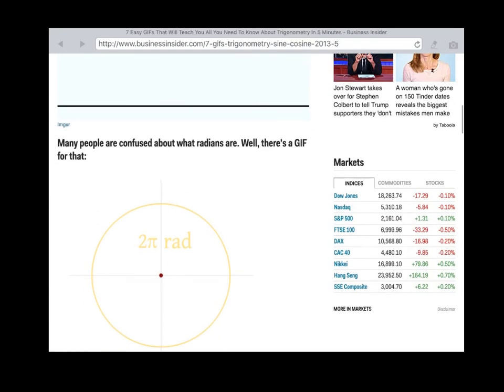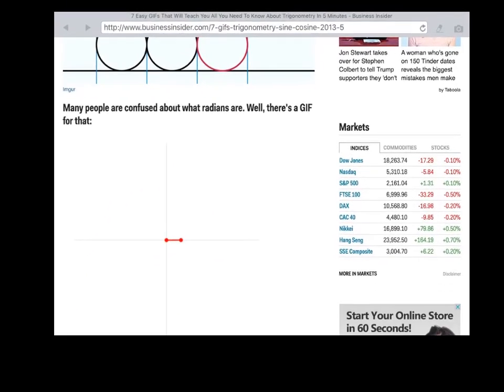So if you look at this example right here, many people are confused about what radians are. Here's a GIF. It draws the circle with a certain radius. Then it takes that radius and puts it along the outside edge.